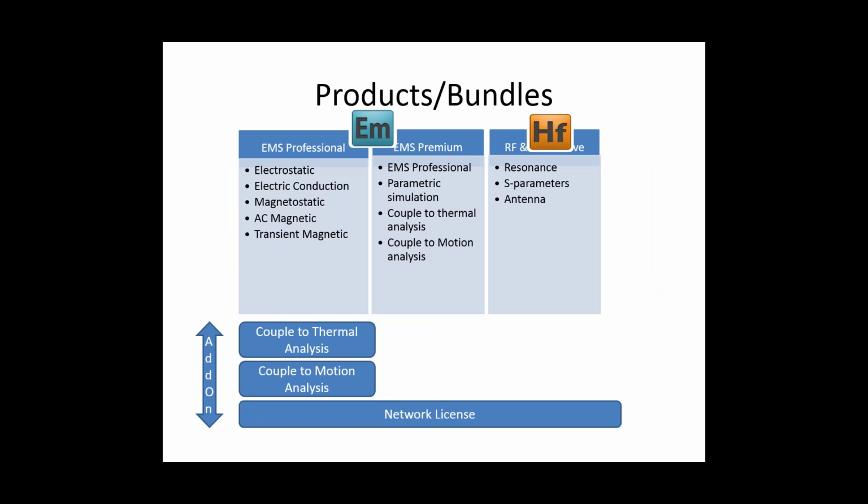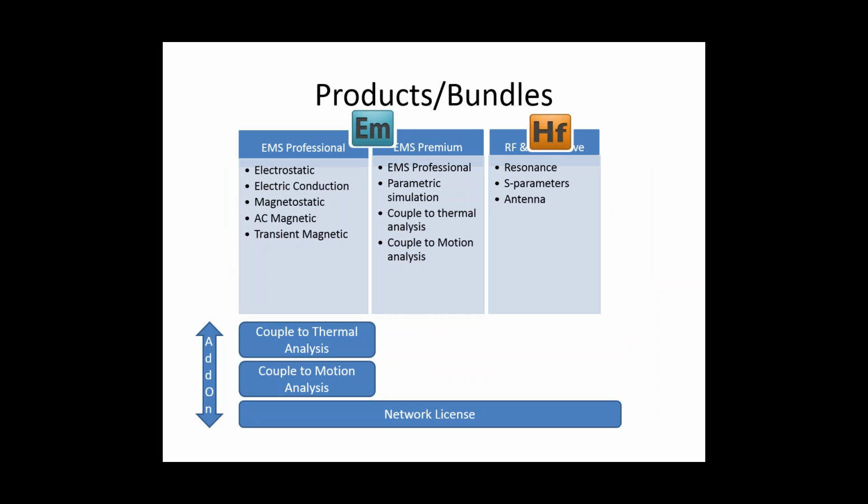What are the products that we offer? The topic for today is EMS, so we will talk a little bit about the electromagnetic solution that's on your left hand side as you see your screen. We have two main bundles that cover the EMS product. One is called EMS Professional.